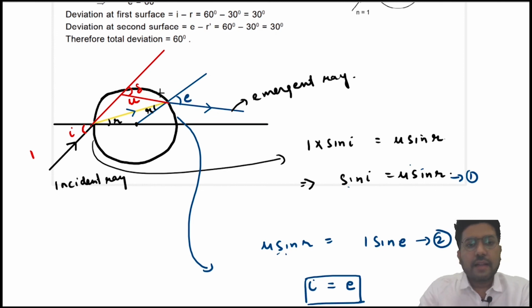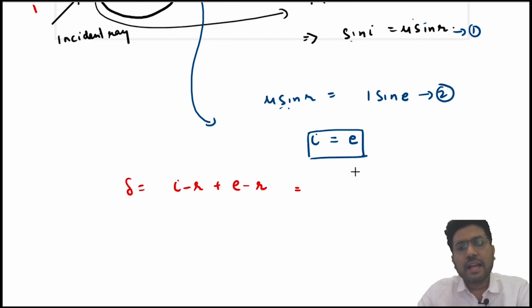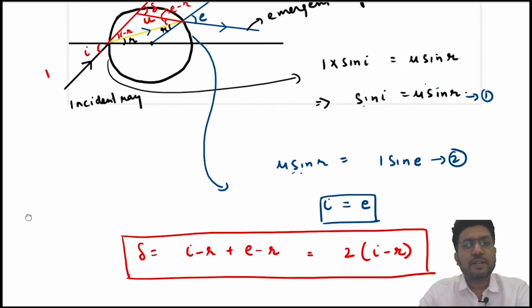Now from here you will see this is I, this is R, that means this angle is I minus R. Similarly here this is E, this is R, this angle is E minus R, but E is equal to I. And you can also see that this is an exterior angle in this triangle. Now you know that the exterior angle is equal to the sum of two remote interior angles. So delta is equal to I minus R plus E minus R, but I is equal to E, so delta is equal to 2 into I minus R. So this is the formula for angle of deviation in case of a transparent sphere.